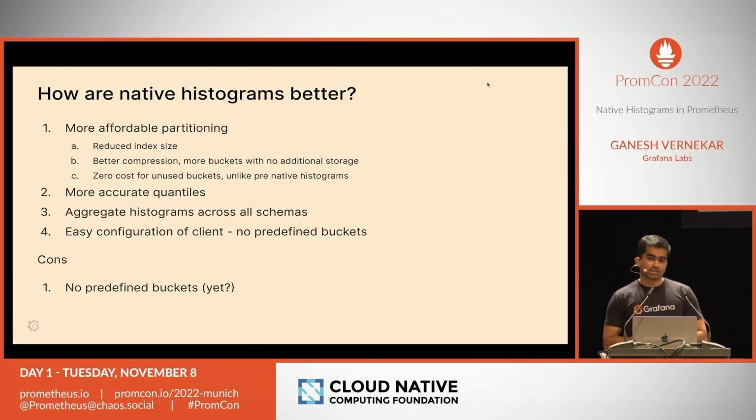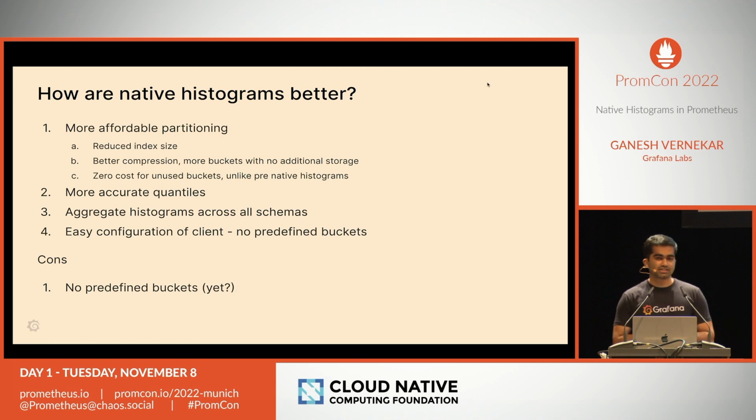And now, because you can control the accuracy, the ratio between the buckets, and because we don't have the plus infinity bucket, your quantiles will be more accurate than usual most of the time. And because of the power of two example that we saw, like addition of two histograms, now you can aggregate histograms across different label space or across time without worrying about them being incompatible.